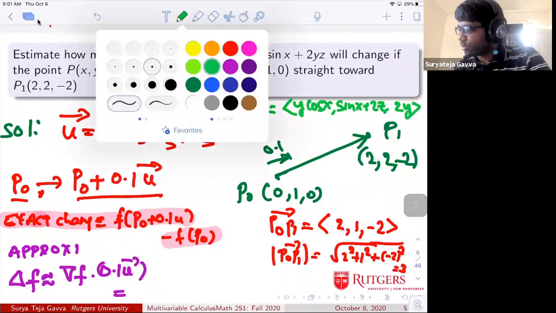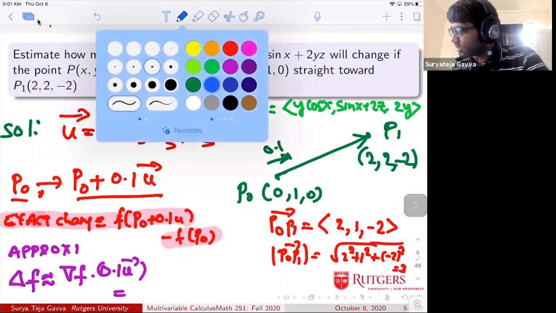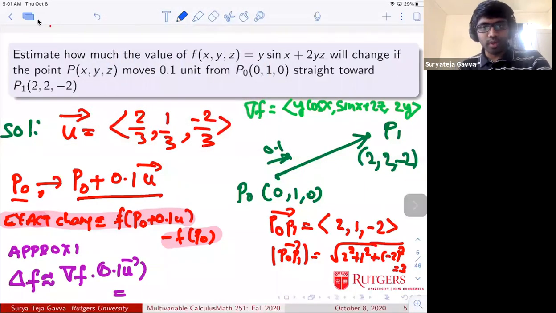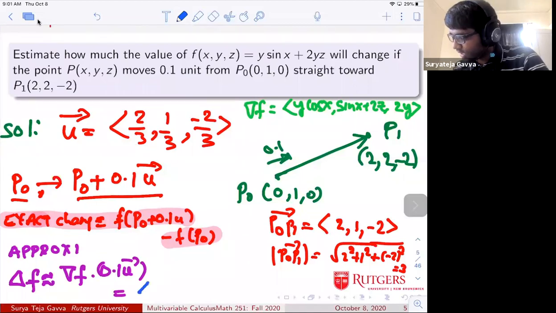So if I substitute my point, which is 0, 1, 0, that is x equals 0, y equals 1, and z equals 0, into that gradient vector, you get 1, 0, and 2. So that's the gradient vector.